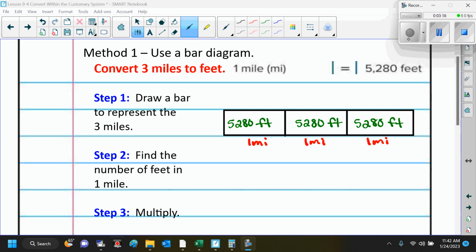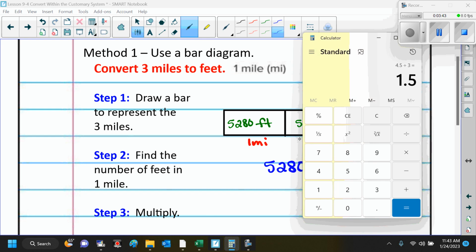So, step 3 is to multiply. This is 5,280 feet plus 5,280 feet plus 5,280 feet. Of course, that's repeated addition, which is multiplication. So that's what we're multiplying. We're multiplying 5,280 feet times 3. Very good.